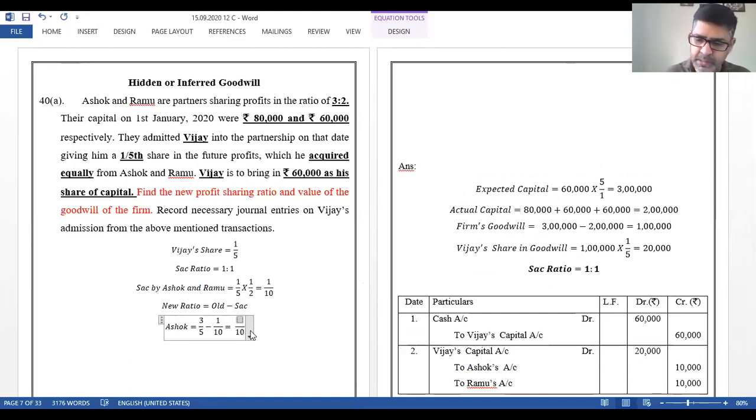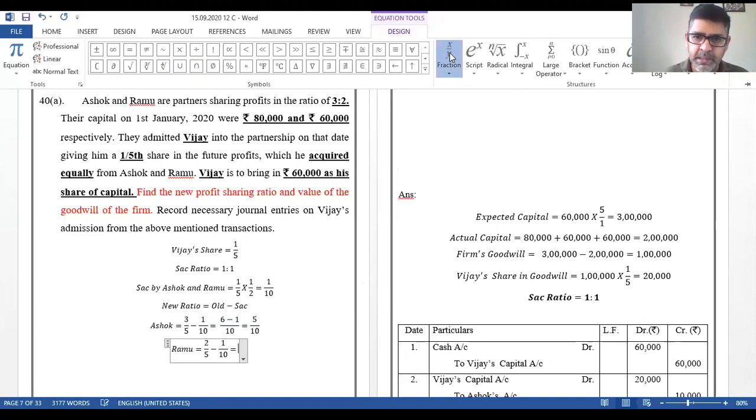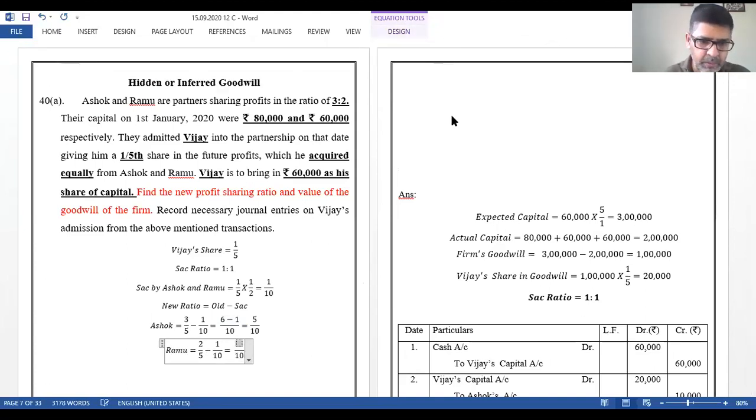Okay, 2 3s are 6 minus 1. That will be 5 by 10. 2 by 5 is old, sacrifice 1 by 10 is equal to, again the LCM will be taken as 10. Okay, over there now 2 2s are 4, 4 minus 1. Okay, so this will be 3 by 10.